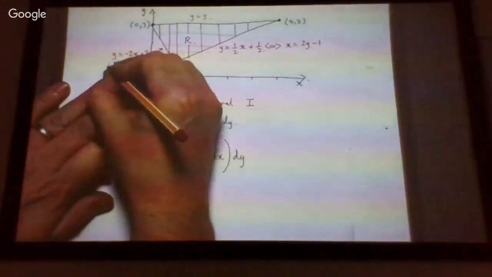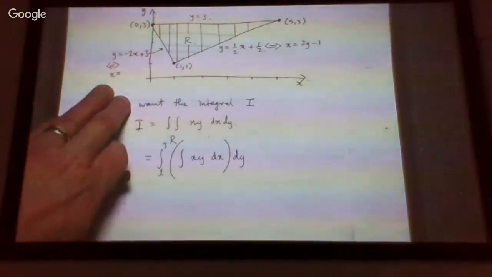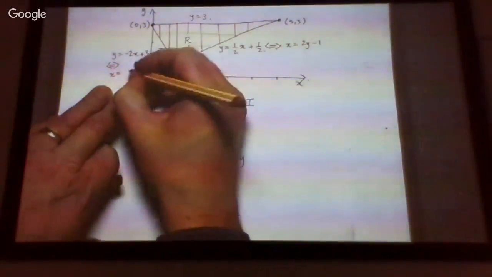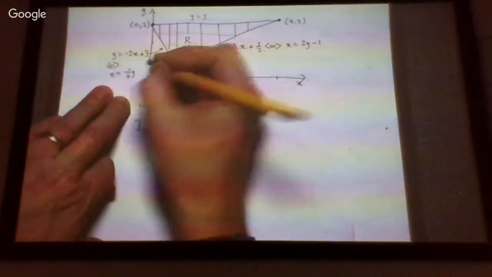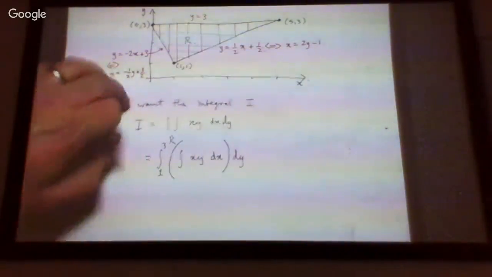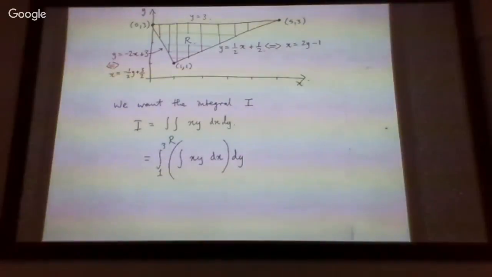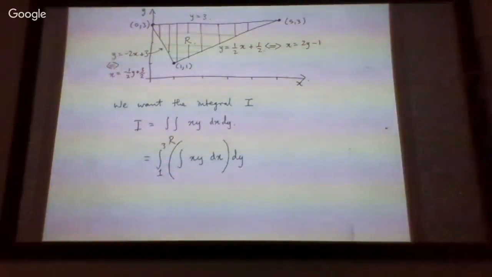And this one here is equivalent to y minus 3 divided by minus 2. So it's minus 1/2 of y plus 3 over 2, all right? Okay, so those are the same lines, but just described the other way around, x in terms of y.